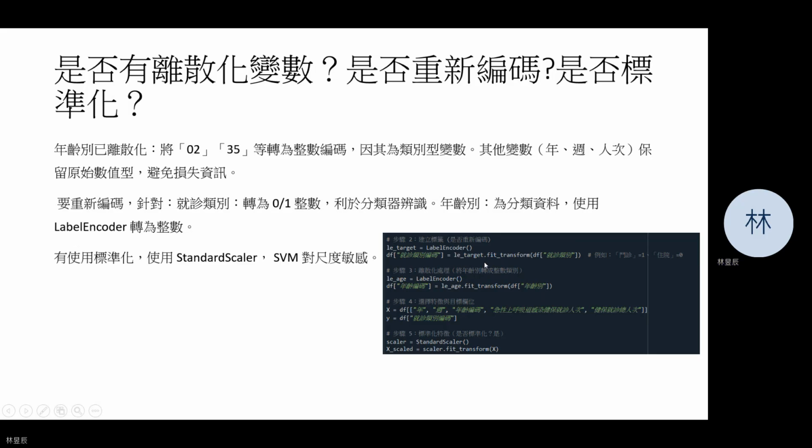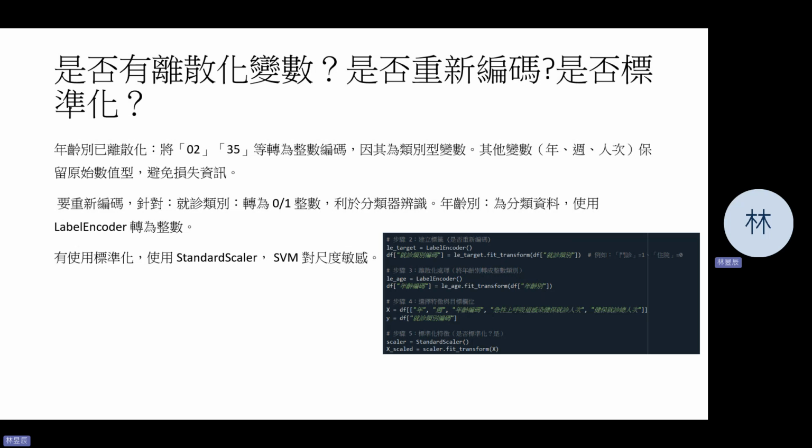And age has been discretized. 2 and 35 are converted to integer codes because they are categorical variables. Other variables, like year, week, person, time, retain their original numerical type to avoid information loss.